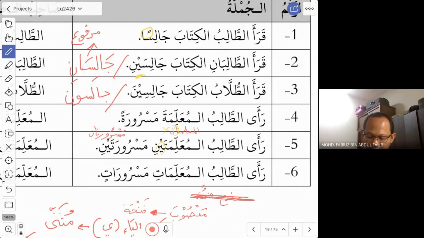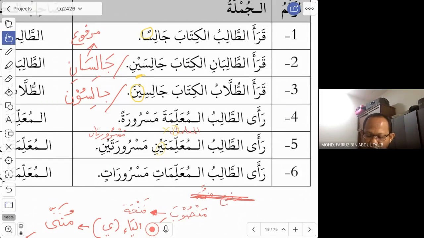Yes, so this is another jama'. But in this jumlah, we don't use jalisun because jalisun is only suitable when it is marfu. In this case, it is mansub. Therefore, we use the ya version. We say jalisin. So this is the alama for mansub.